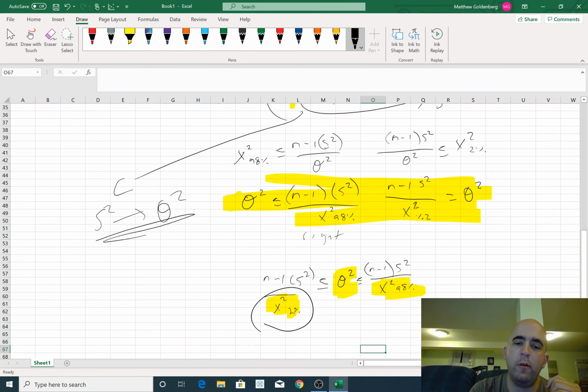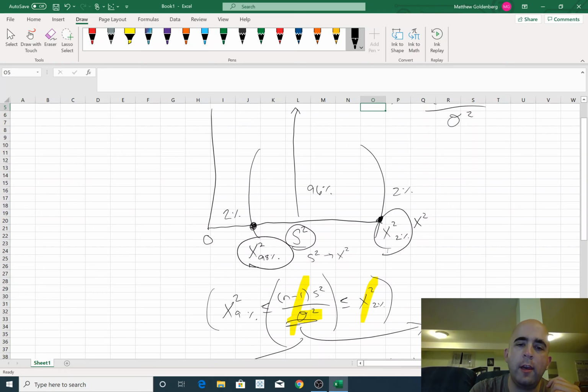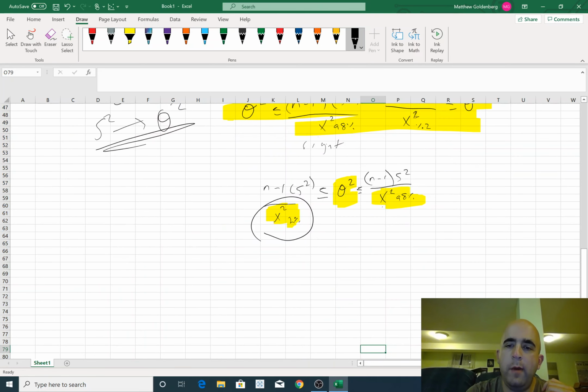It's right here. No longer is your 98% representing your lower bound. You actually have to put that math back on your upper bound and use that number for your upper bound.